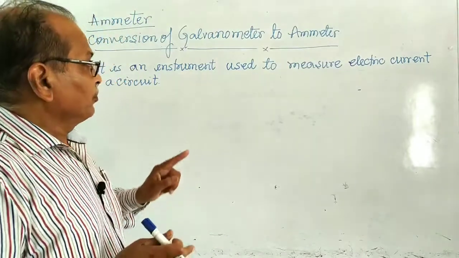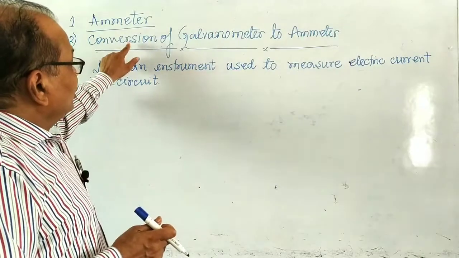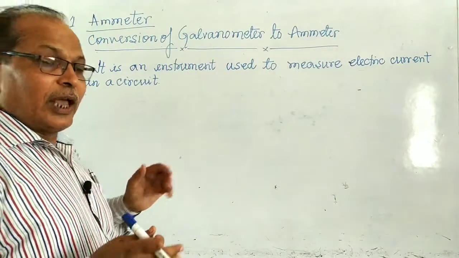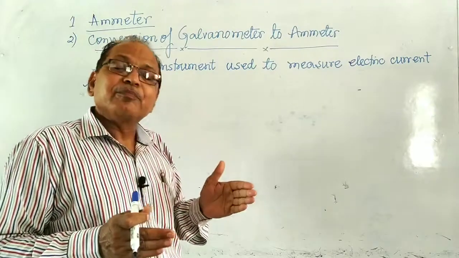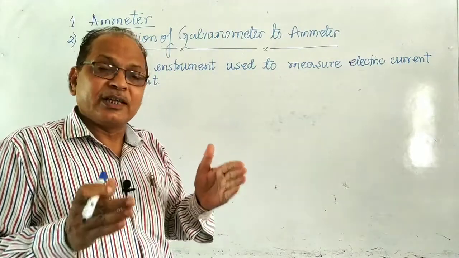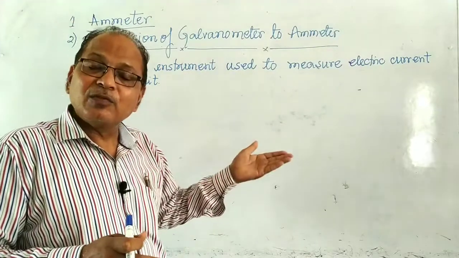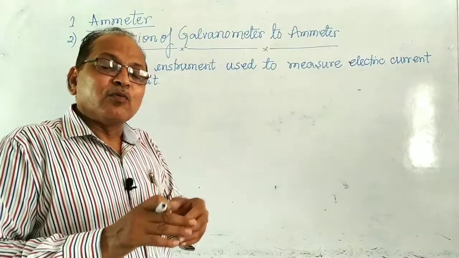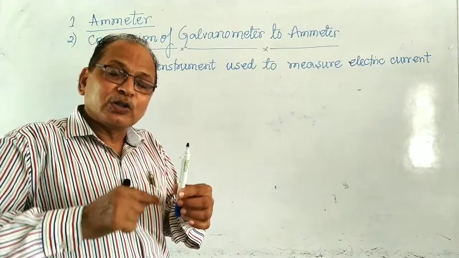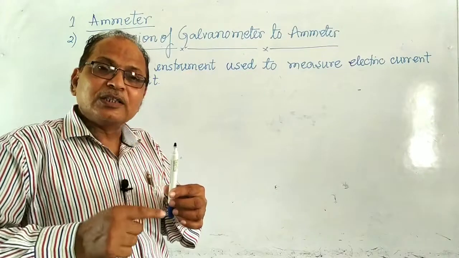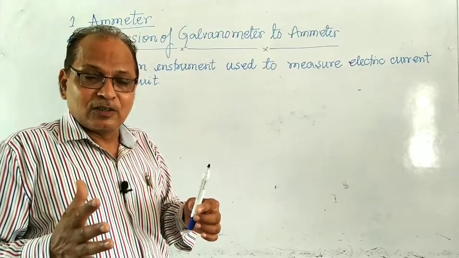Remember that. Now, if you want to convert a galvanometer to an ammeter, as I stated, the galvanometer has certain resistance, because in the previous article we studied that the coils are wound on the soft iron core and these coils have certain resistance.